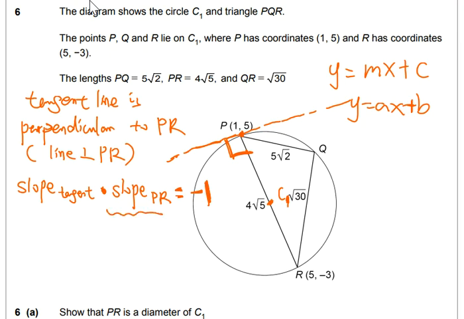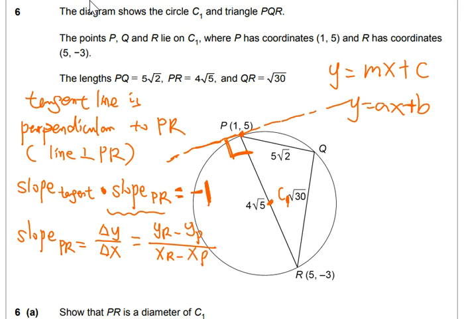So what is the slope of PR? The slope of PR is delta y divided by delta x, so we can use yr minus yp divided by xr minus xp.